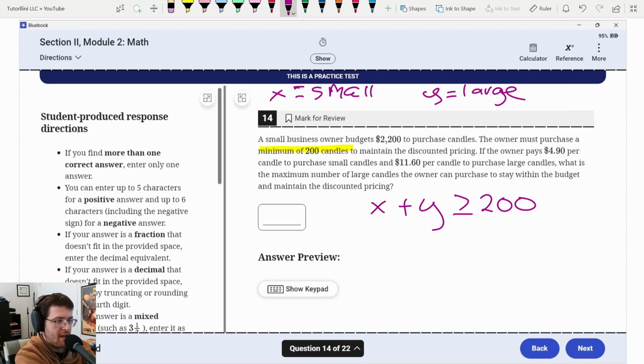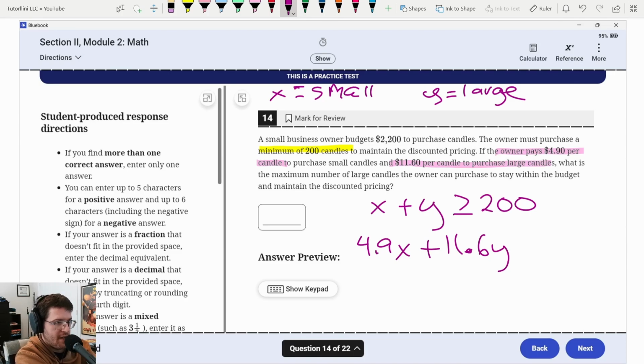Now we've got $4.9 per small candle. That sounds like multiplication. We're going to multiply the number of candles times the cost per candle to get the total cost on the small candles. So 4.9x plus, now for large candles, 11.6 per. So I'm going to do 11.6y by similar logic.